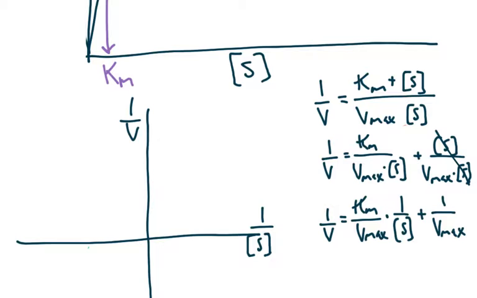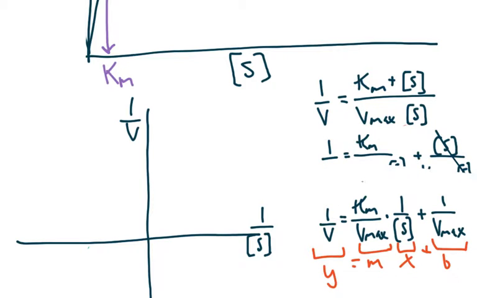Notice that that puts us in the form of y equals mx plus b. So our y-intercept is going to be 1 over Vmax, and our y is 1 over V, and our x is going to be 1 over S.